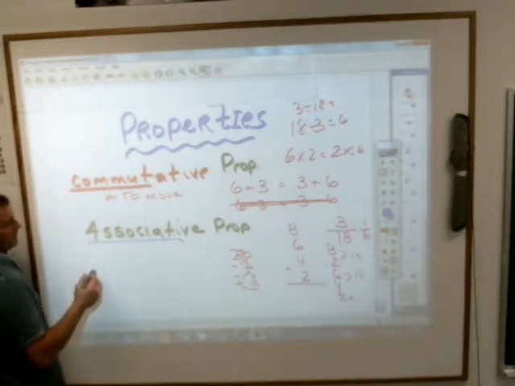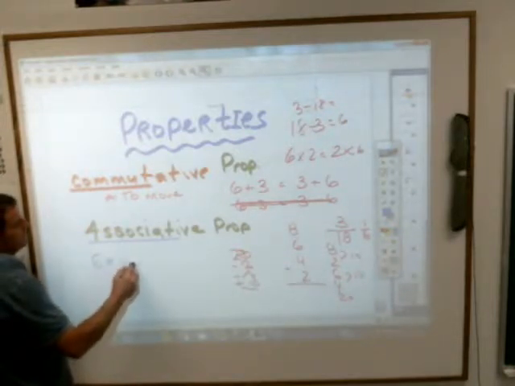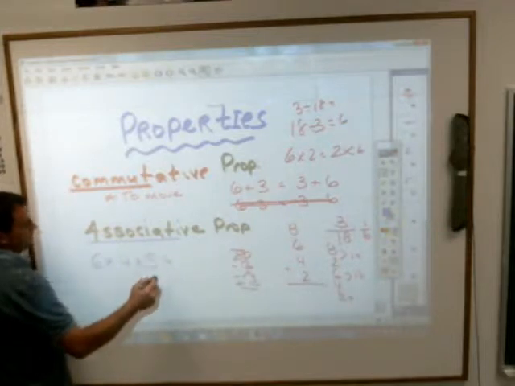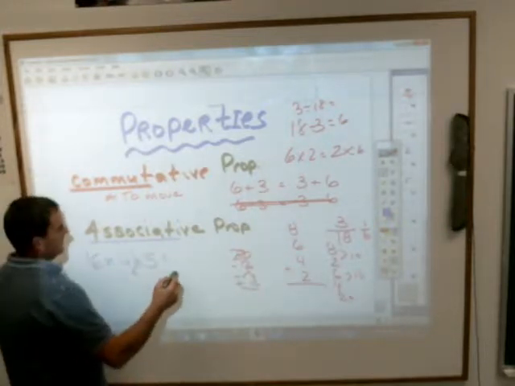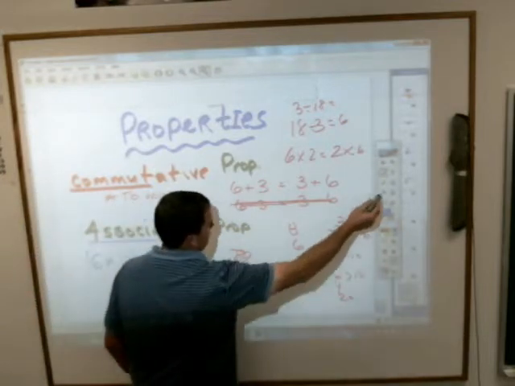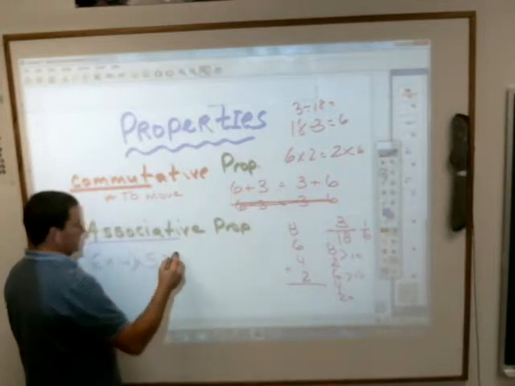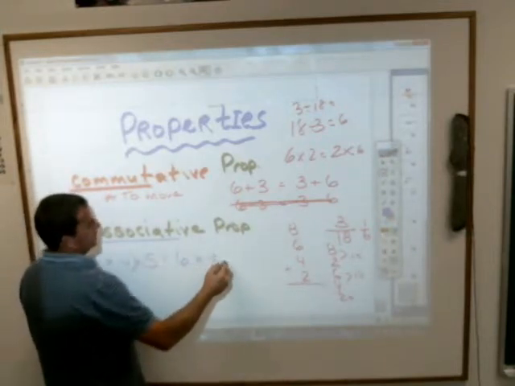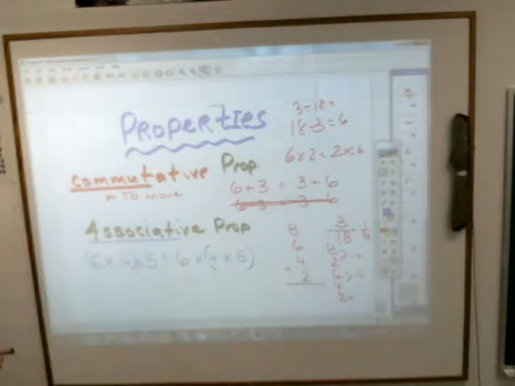If I have, let's say, 6 times 4 times 5, and I put a parenthesis around this, that's the same thing as if I have 6 times 4 times 5 with the parenthesis around the other ones.